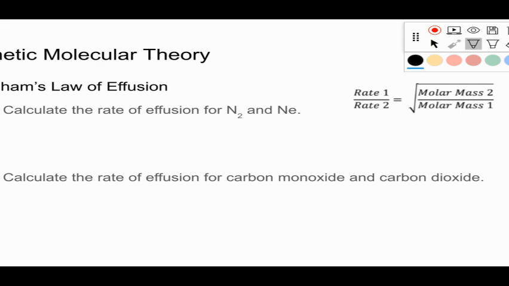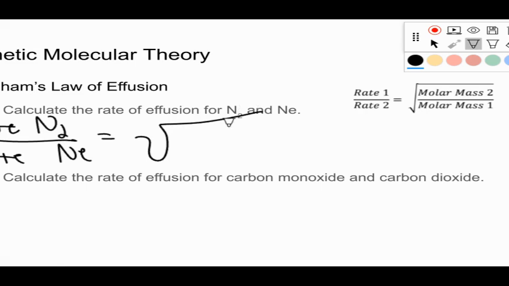Effusion is going to be for the rates. You're going to take the mass of your second compound over the mass of your first compound and take the square root of it. And so if I was going to do this problem, I would say the rate of N2 over the rate of Ne is actually equal to the square root of the mass of Ne, because it changes and it's on top.